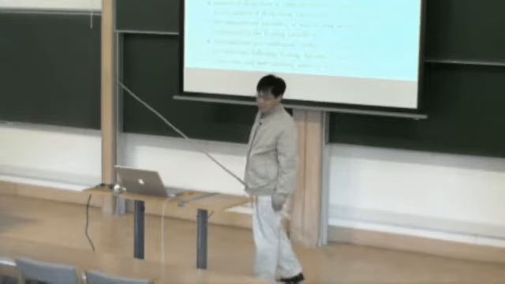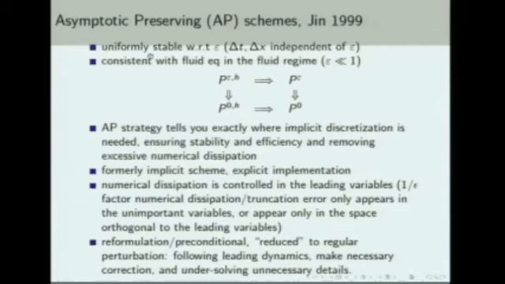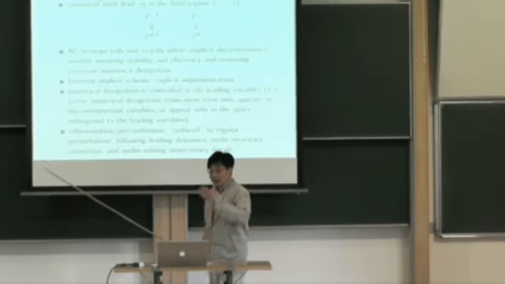Let me use this marvelous diagram by Shi Jin. Here is a cartoon picture of what the problem looks like. You have the physical problem involving a small parameter epsilon, which can be a mean-free path or a Mach number, and you have the grid size discretization h, finite difference or whatever is your favorite. Now you are leading to the leading behavior, the solution as epsilon goes to 0, like the incompressible flow or fluid equation.